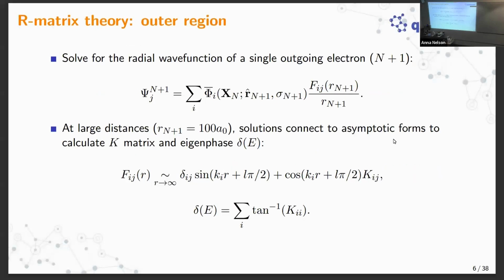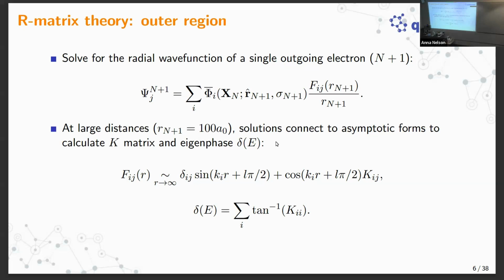In the outer region, then, you're just solving for one outgoing electron. So what you're solving for are these functions f of the radial coordinate of the N+1 electron. And then you have these functions, which essentially handle everything else. They're known. They handle the position vectors of the N electrons of the target and the angles and spin variables of the electron. You're trying to find these functions.